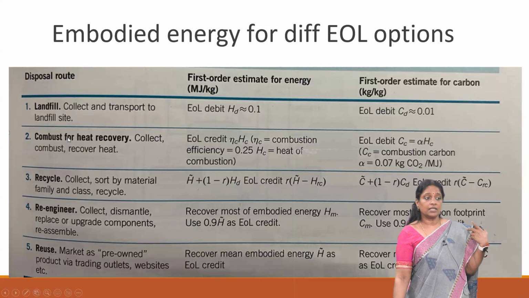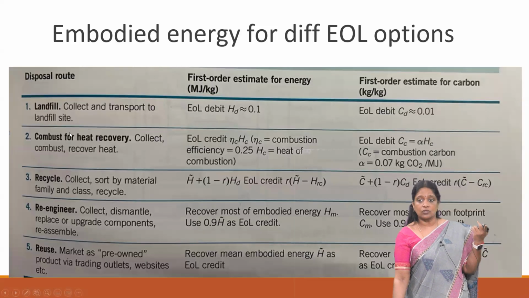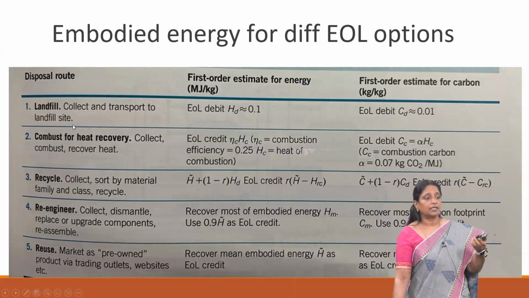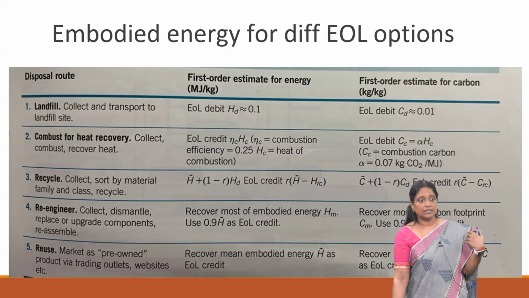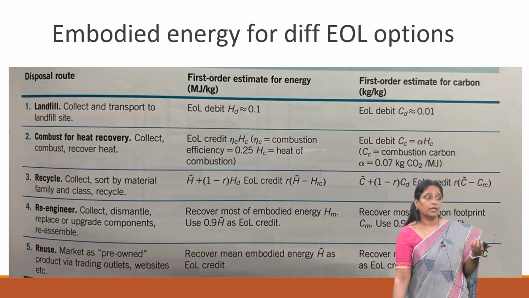When you're combusting it for heat recovery, waste to energy plant, then it's a different scenario. There is the incineration plant, there is recovery of heat, and that depends upon the heat of combustion, the efficiency of the product itself.